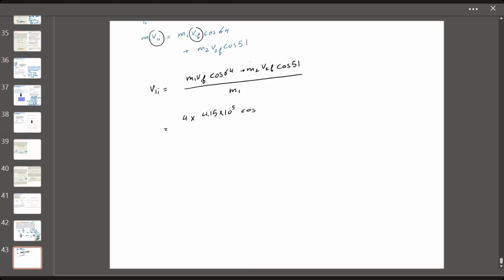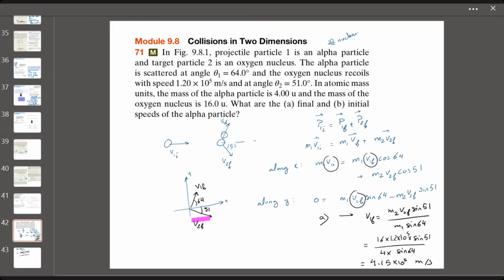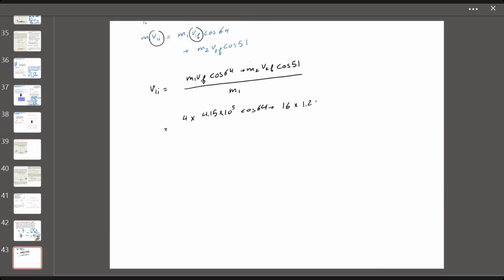I have cosine 64 here plus 16 times V2 final, which was 1.2 times 10 power 5. And here I have cosine 51, and here I'll divide by M1, which is 4. And I can find V1 initial. If you calculate this, you'll get 4.84 times 10 power 5 meters per second.